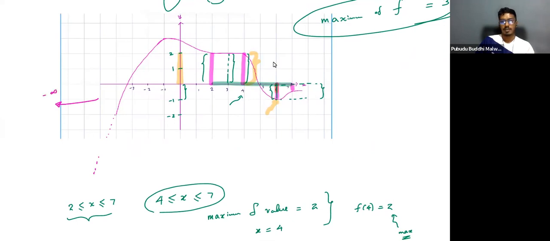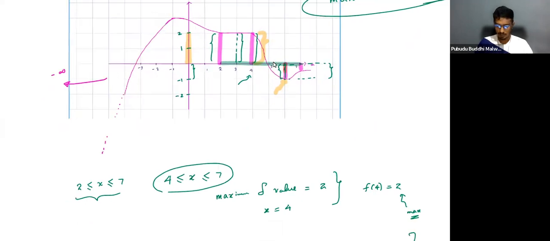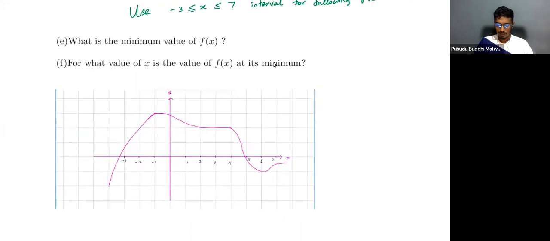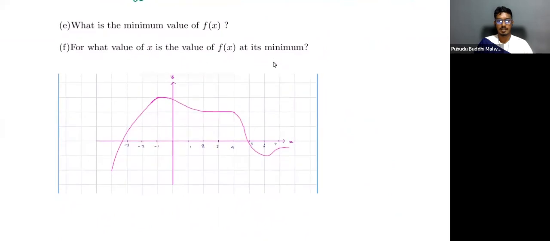That's why we restrict intervals. So to compute the minimum value, we need that restriction. For example, if I restrict this domain, basically x values, like this, what do you think?